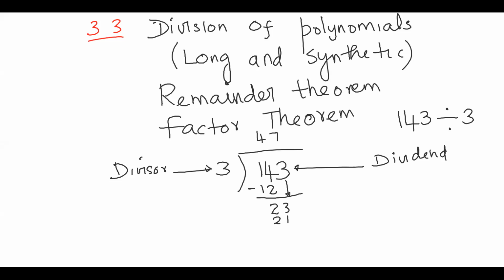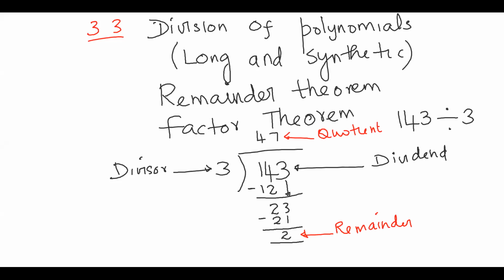Then 7 times 3 is 21, and subtract, so we get 2. The top one is called the quotient, and the leftover is the remainder.